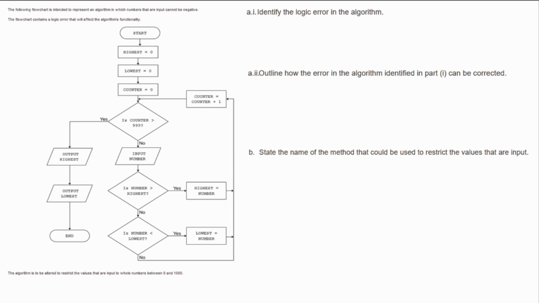So setting our lowest to 0 will always mean that we're going to give 0 as our output for the lowest value. So say our values were 5, 10, 3, and 2, then lowest is still going to be 0, because every time we go through, we're going to be comparing to 0, and then we won't be updating our lowest value, as it will stay at 0.